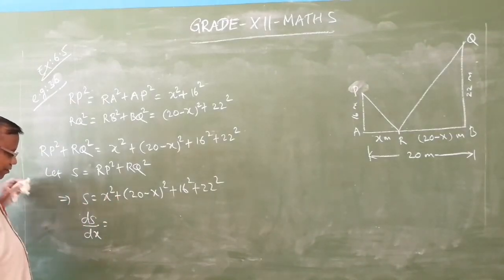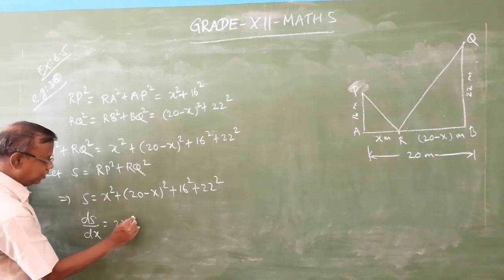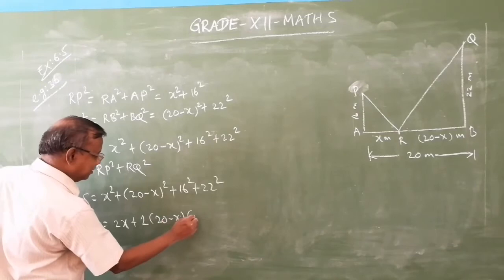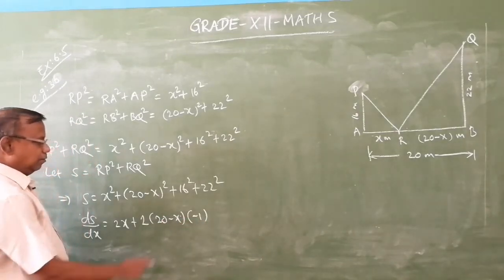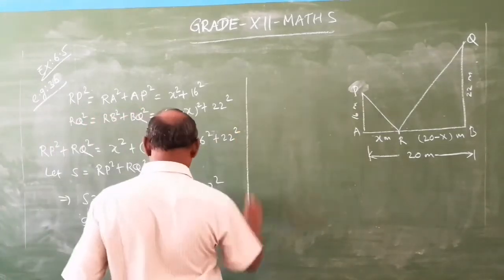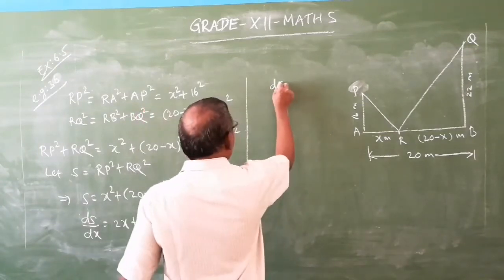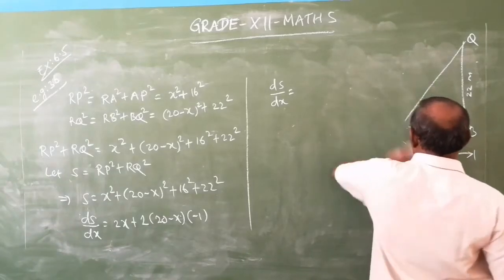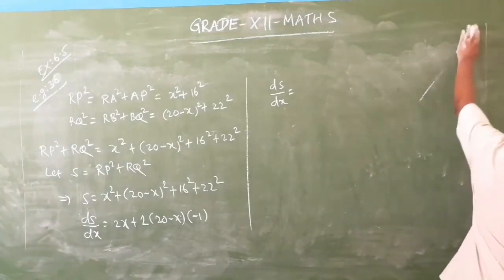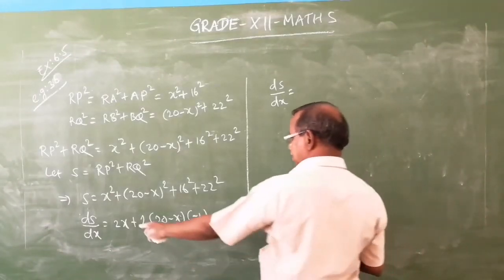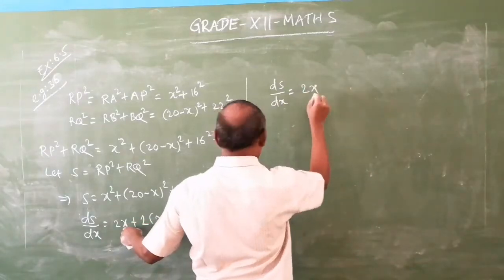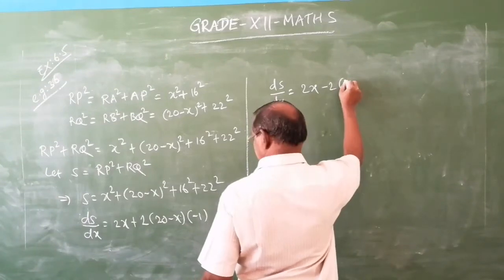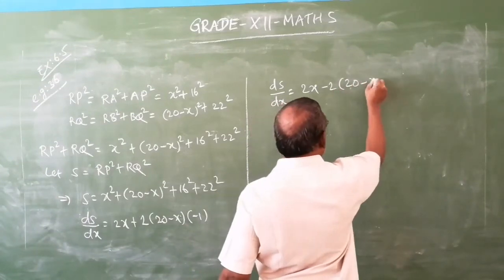ds by dx equal to 2x plus 2 into (20 minus x) into minus 1 plus 0 plus 0. Now ds by dx equal to 2x minus 2 into (20 minus x).